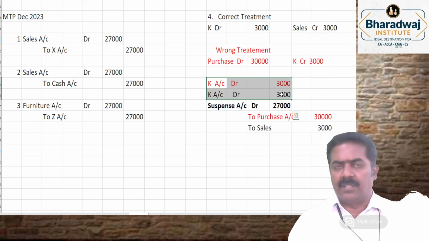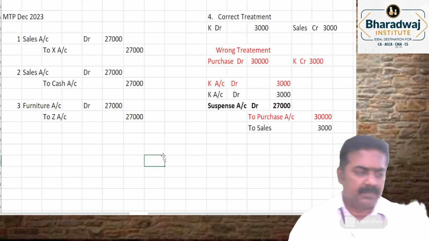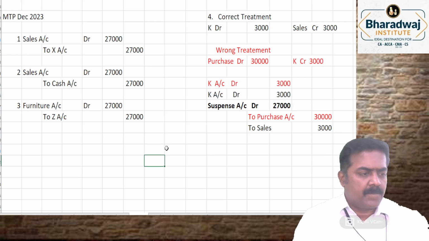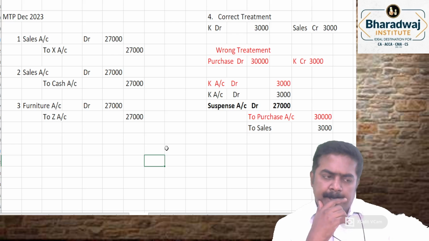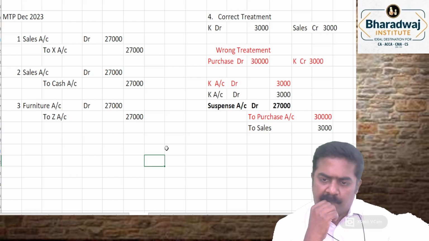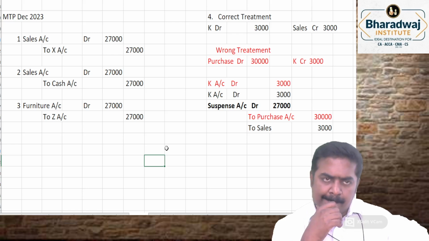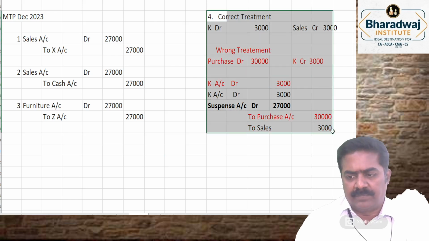See, instead of 3,000 separate amount, you can debit K with how much? 6,000 also. This is for the fourth one.